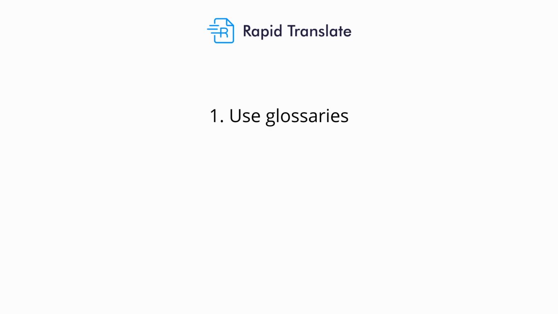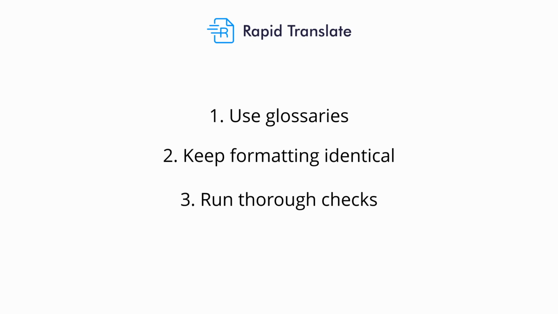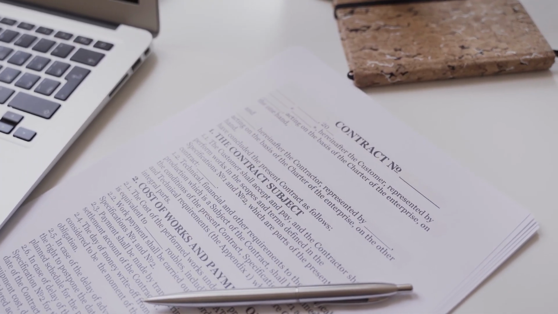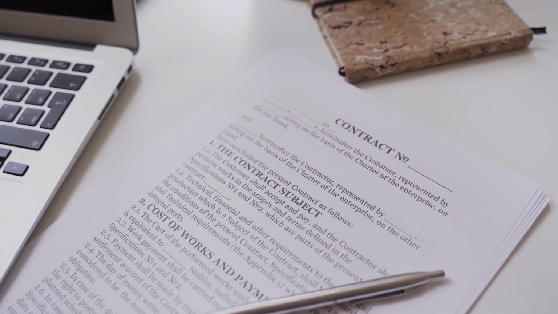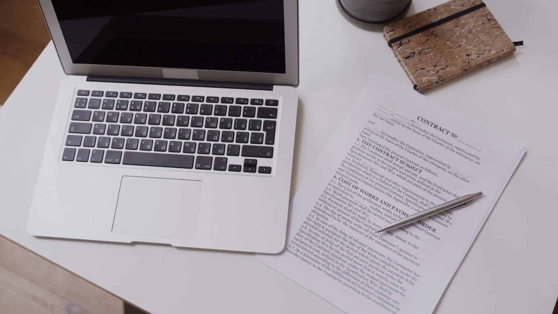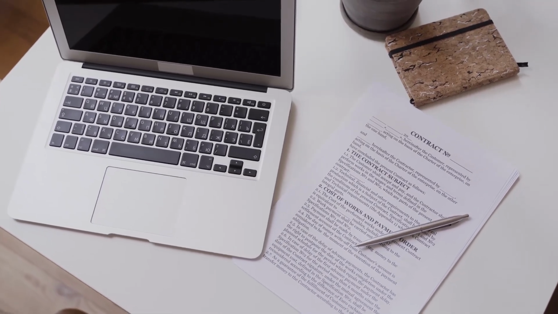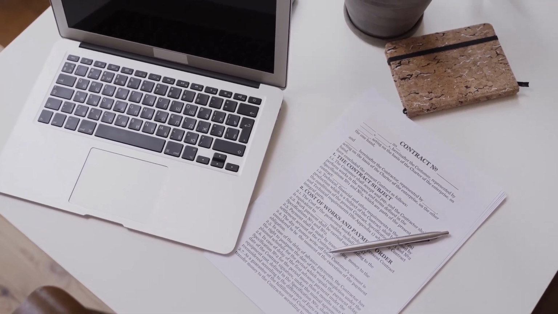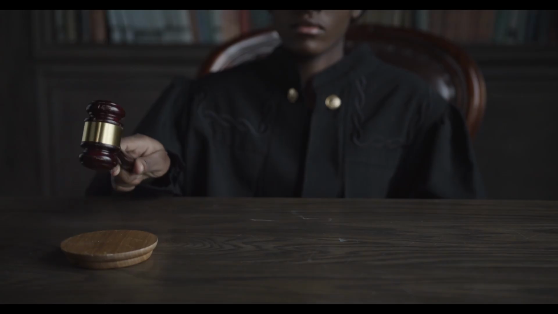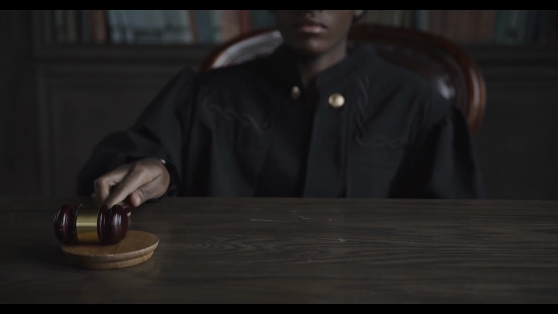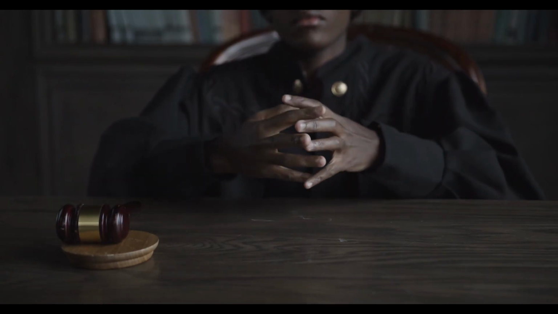Use glossaries, keep formatting, dates, numbering, annex references identical where required, and run thorough checks. For example, if a document repeatedly uses the technical term agreement, do not replace it with contract throughout the text, even if they look similar, because that substitution can alter legal meaning. Small changes like that are risky.